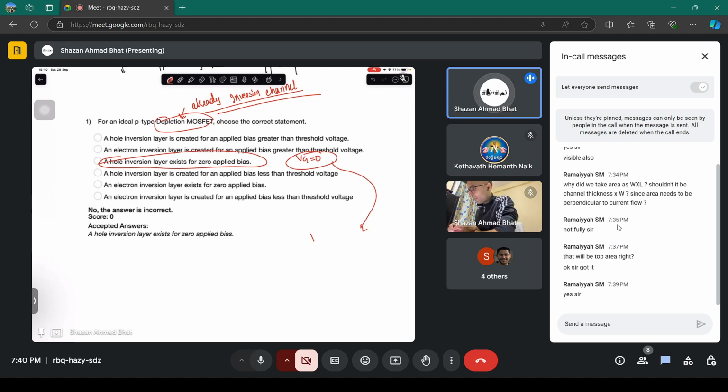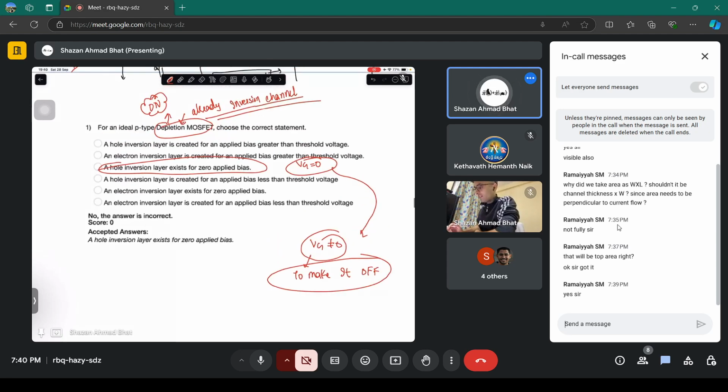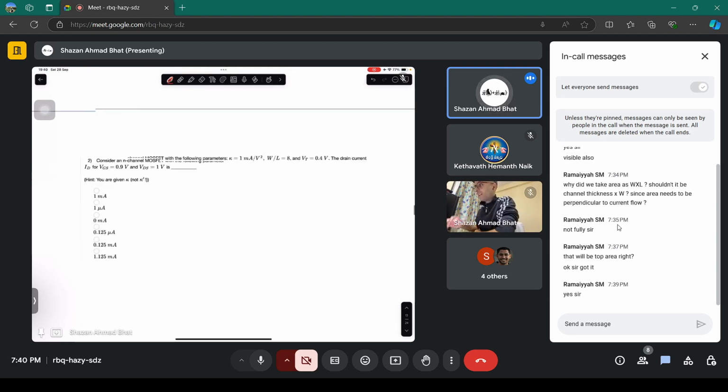That means you have to apply the bias to make it off. That's what we discussed earlier. A depletion mode transistor is a normally on transistor. You have to apply the bias to make it off. That's the overall concept of this question, from the first slide of my session about enhancement and depletion mode transistors.